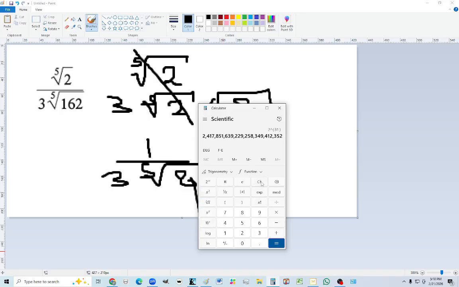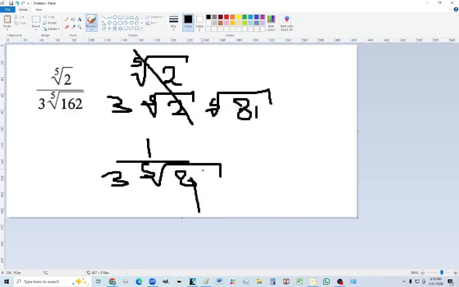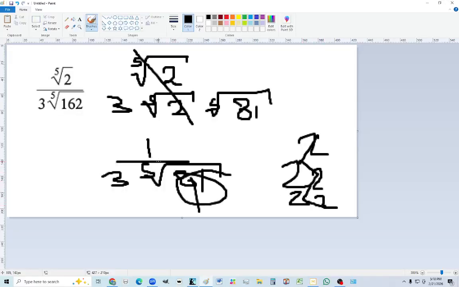What's 2 times 2 times 2 times 2 times 2? 4, 8, 16, 32. No, there's no 32 in there.